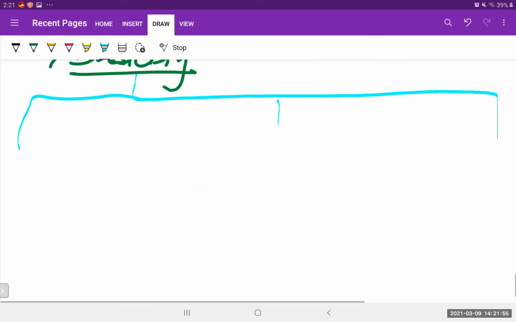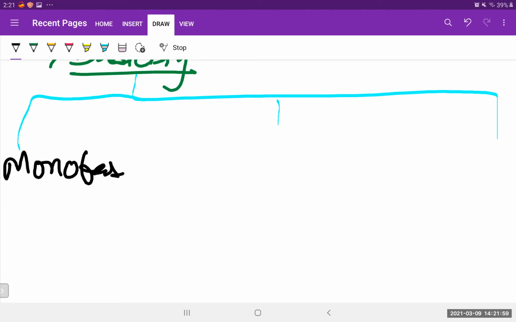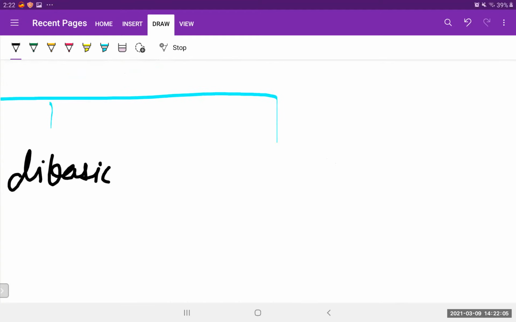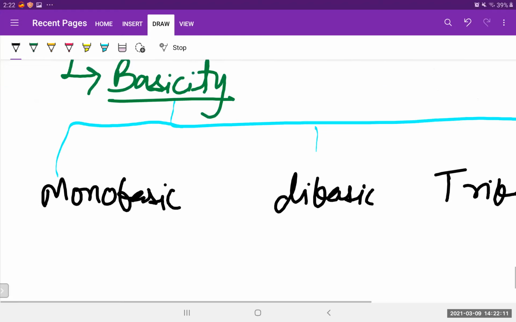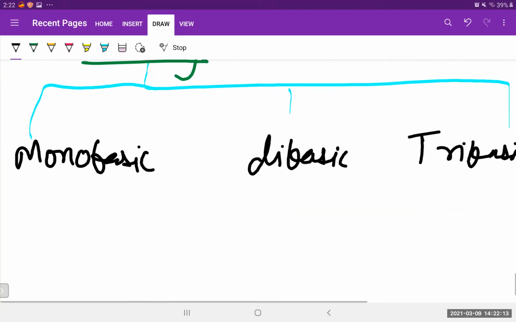If it is having one hydrogen ion, it will be called monobasic. If it is having two, it will be called dibasic, and if it is three, it will be called tribasic. So let's discuss each one of them.